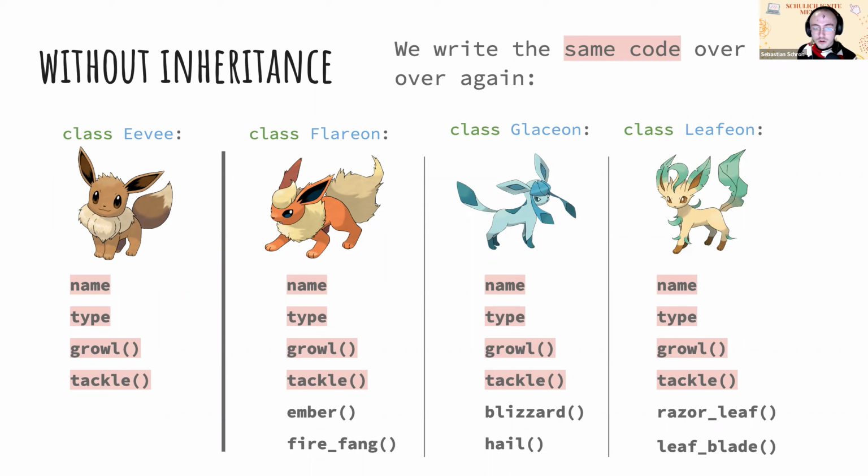So those highlighted properties and methods are things that they share together. They can all do that. But if we implement it how we know how now, that would just lead to us re-implementing a function for growl, a function for tackle, or a method, and then a property for name and a property for type for each of these. So it'd be a lot of writing the same code over and over again, which is something programmers don't really like to do. We like to make things more streamlined typically.